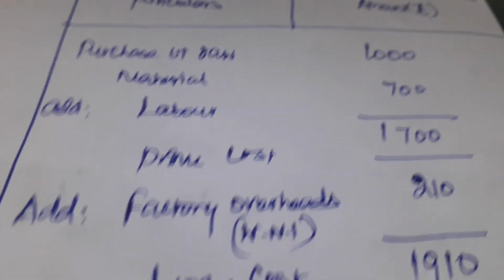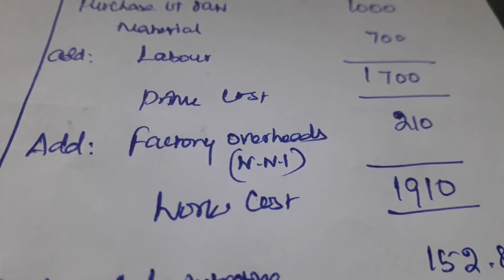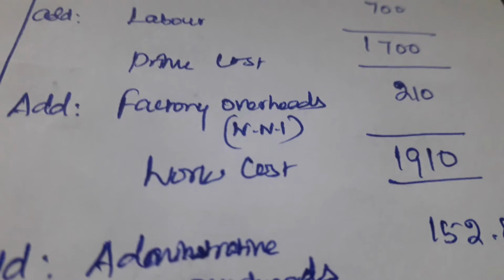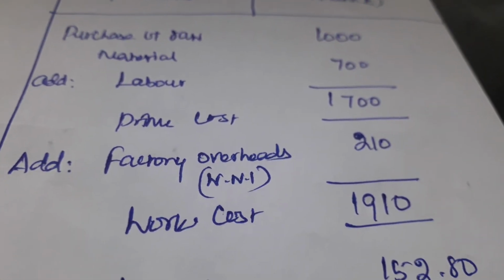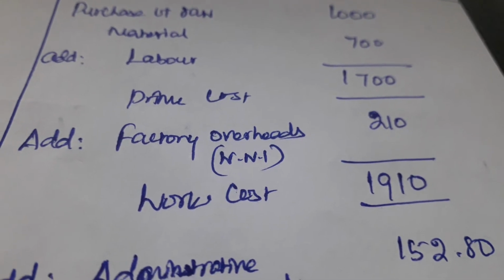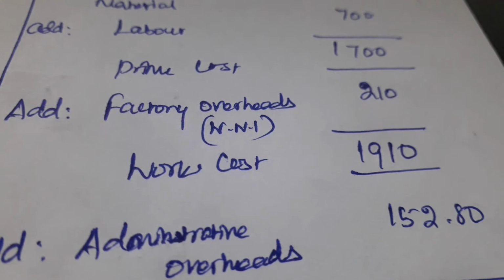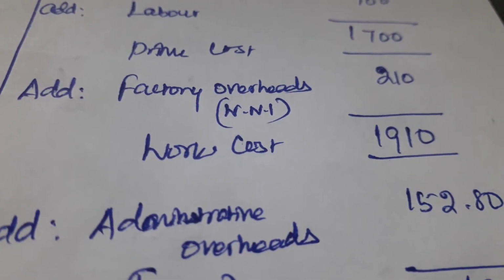Here 700 is labor charges, right? If we calculate 30% of 700, we get factory overheads as 210. We add the prime cost and the factory overheads to calculate the work cost as 1,910.